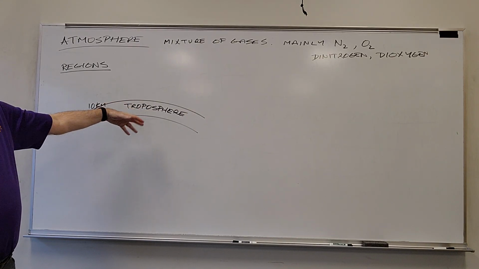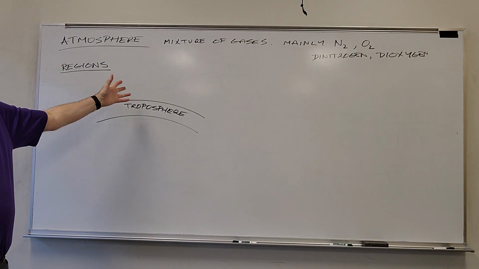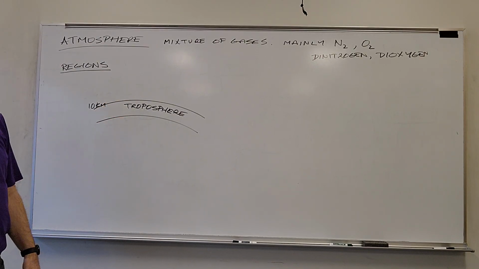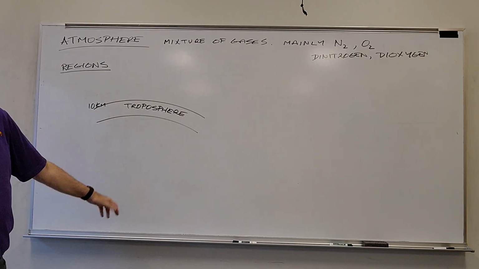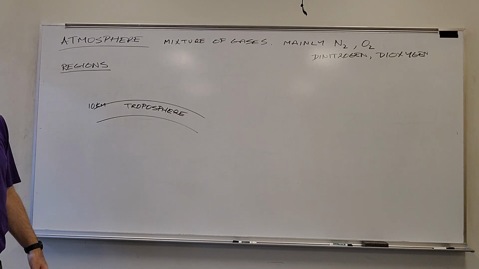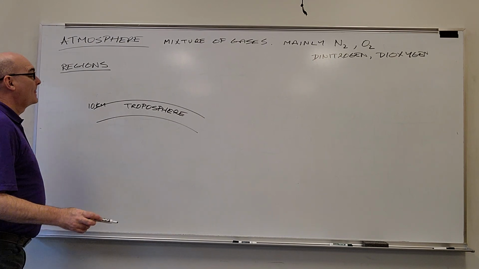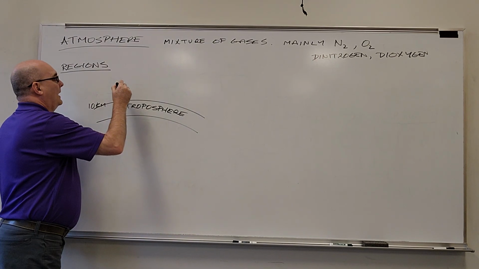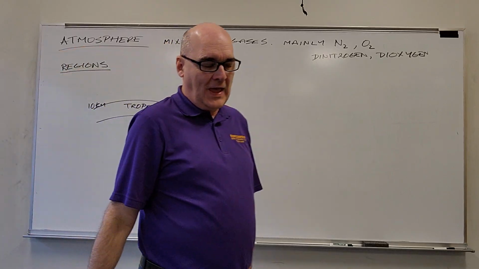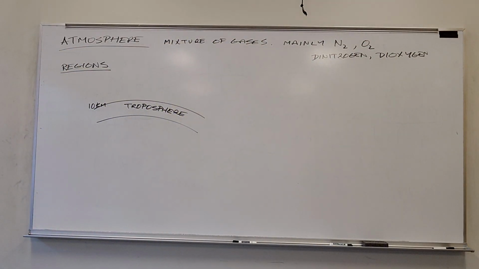Planes travel about, what, 35,000 feet? They're about 3 feet in the meter. 10 and change thousand meters. Yeah. And then above that, we have the stratosphere. And the stratosphere goes to about 50.